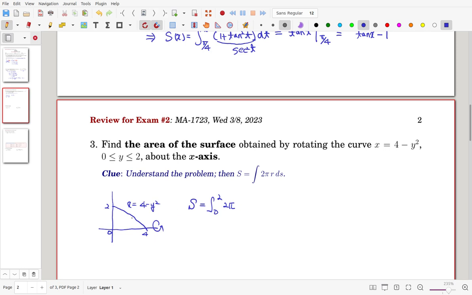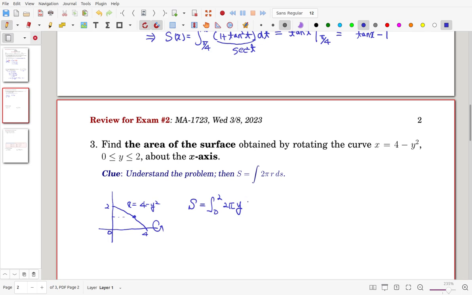It's y integration, and for each y, the point is rotated, which will make a circle. The length of the circle, the perimeter, is 2 pi y. R is now y. So we'll do y integration so that it'll stay there. You don't have to touch this one.